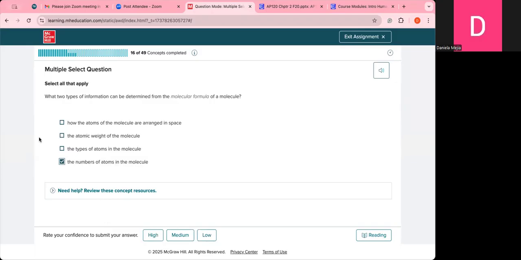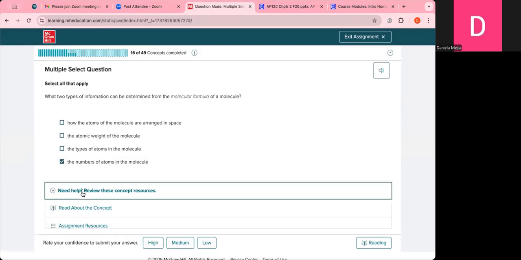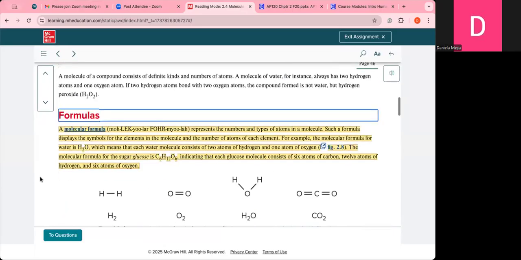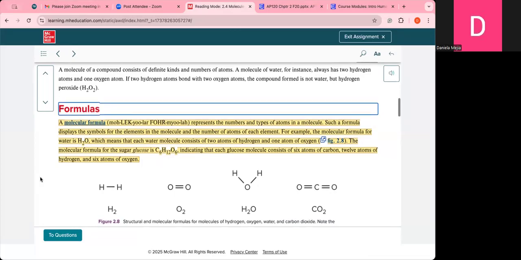You can look it up if you. Okay, a molecular formula represents the number and types of atoms in a molecule. So the number of atoms in a molecule and the type of atoms in a molecule.